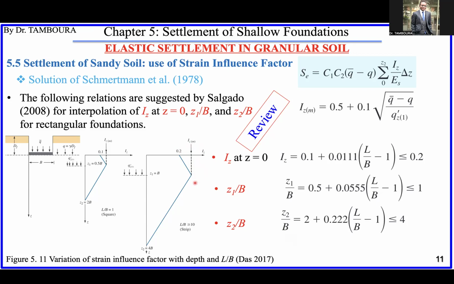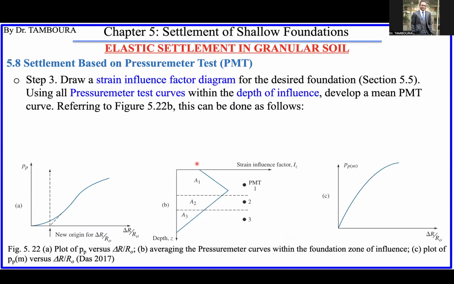After finishing step number 2, step number 3 in estimating the settlement based on the PMT is to draw the strain influence factor diagram like this. Then use all the pressuremeter test curves within the depth of influence.